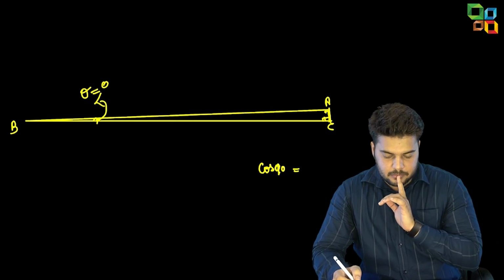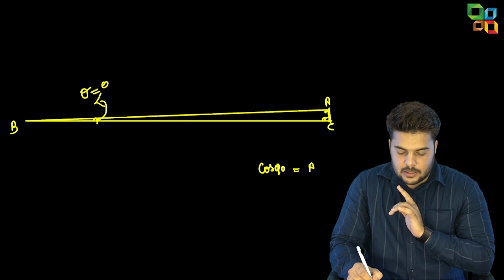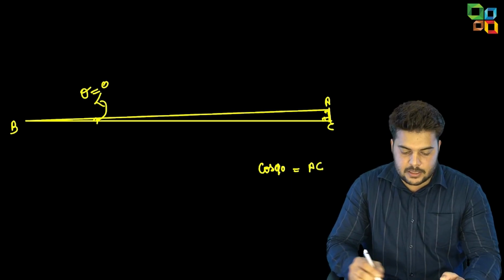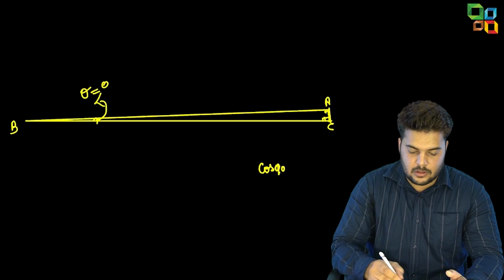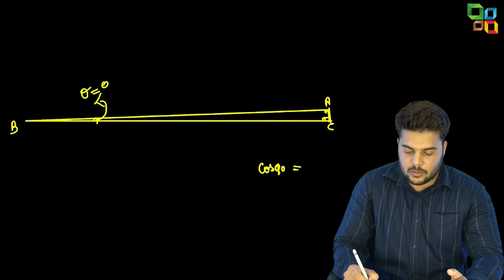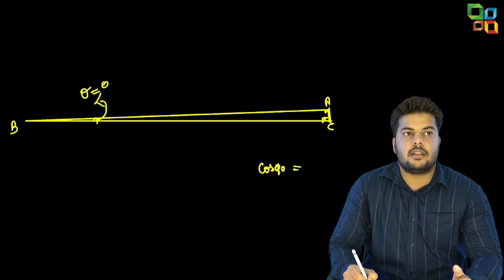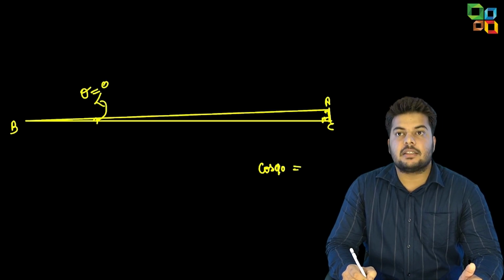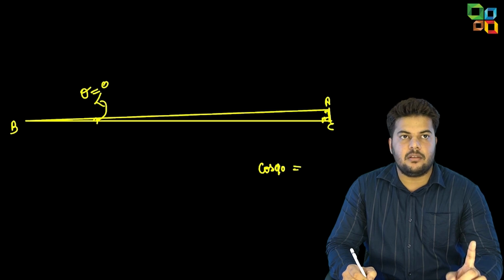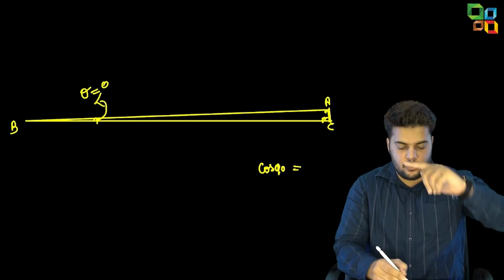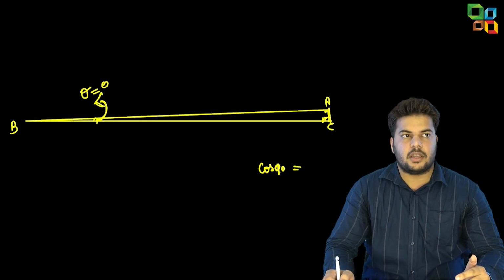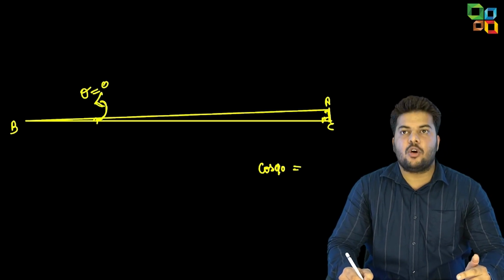Cosine is adjacent side over hypotenuse. Sorry, there are two adjacent sides to this angle 90 degrees. One is AC and another one is BC, right? But BC we are not going to call the adjacent side. Why? Because when this angle becomes 0, BC is going to be the hypotenuse.